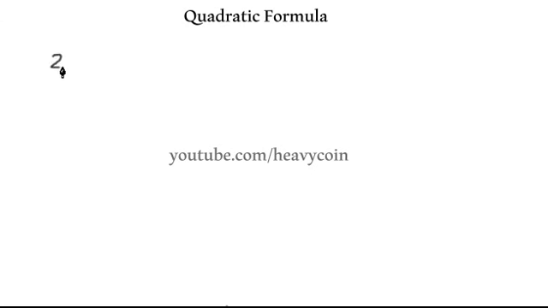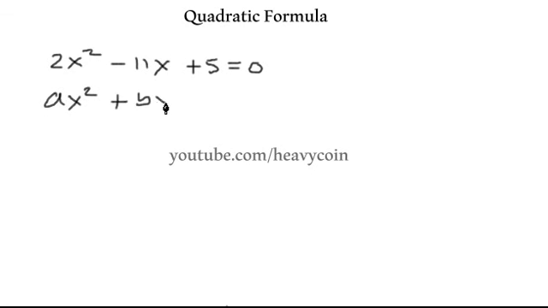And that was the 2x squared minus 11x plus 5. Okay, so remember this was ax squared plus bx plus c is what we started with for deriving the quadratic formula. So as you can see here, a is equal to 2, b is going to be equal to negative 11, and c will be equal to 5.